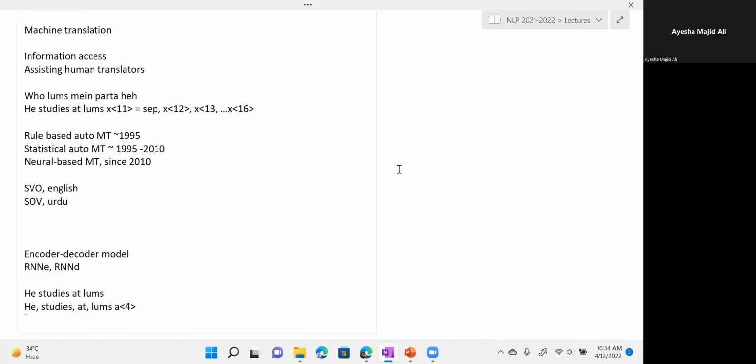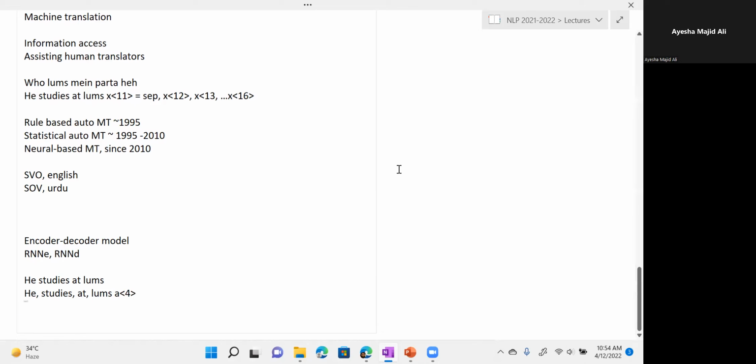He studies at and LUMS. So this A4 now becomes the first input, I would say contextual input, to RNN-D, the second RNN.